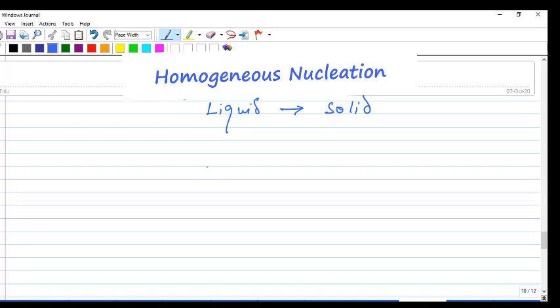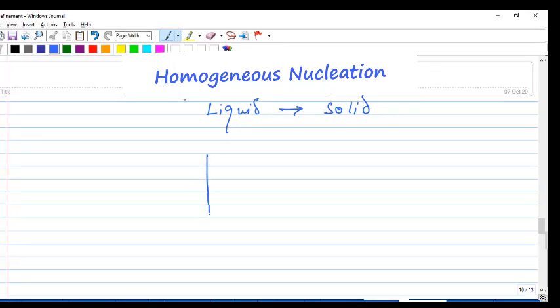And for this, let us consider this diagram where the first particle of the solid is forming from the liquid. So let's say this is the solid which has formed. So above this you have all liquid. It forms unaided by any surface or defects.